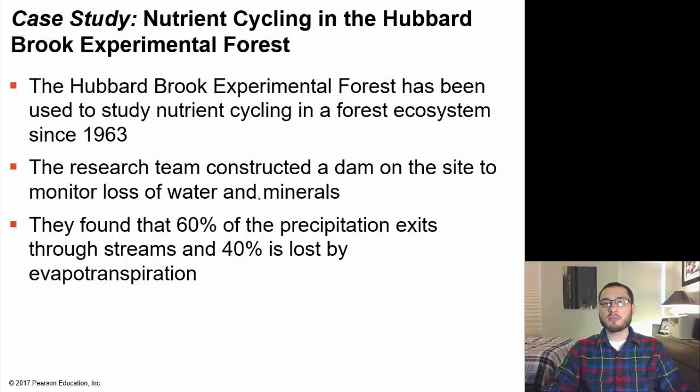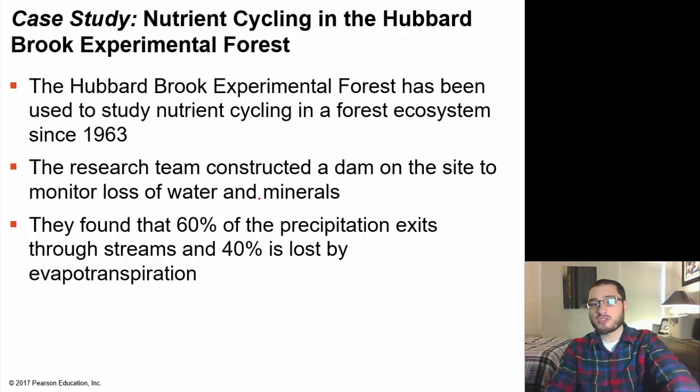A big one that we like to talk about in just a general biology class is this Hubbard Brook experimental forest. So there's actually this forest that they've done ecological studies in since 1963, and they constructed a dam on the site to monitor loss of water and minerals. And in one study, they found that 60% of the precipitation exits through streams, and 40% is lost by evapotranspiration.